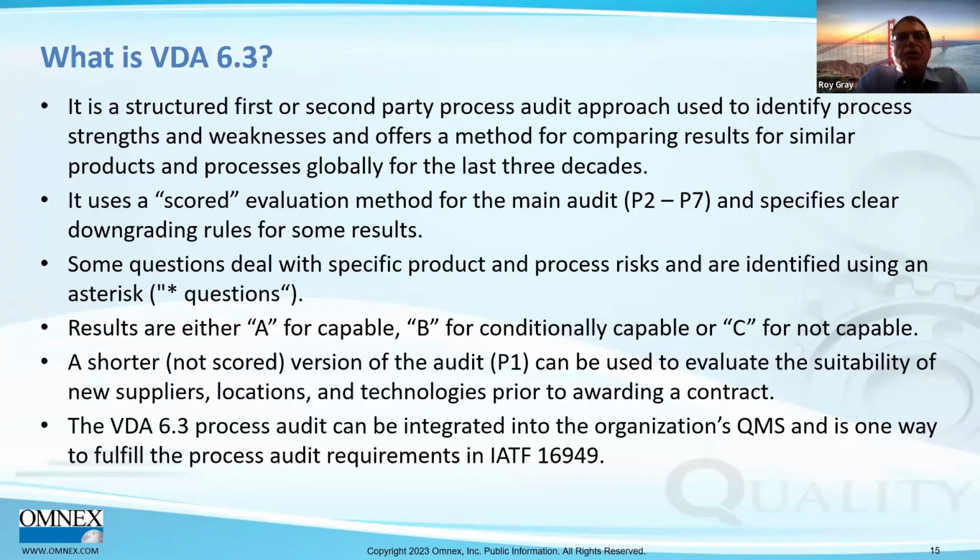There are process elements P2 through P7. P2 is project management. P3 is planning for product and process. P4 is implementing the product and process, so think of APQP there, or 8.3 of IATF 16949. P5 is supplier management, which is 8.4 of IATF.